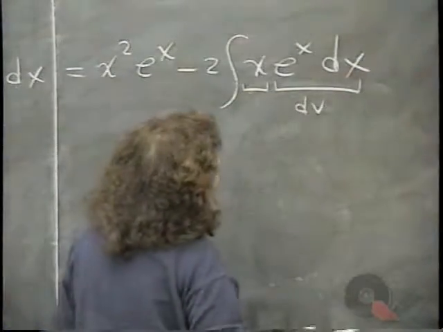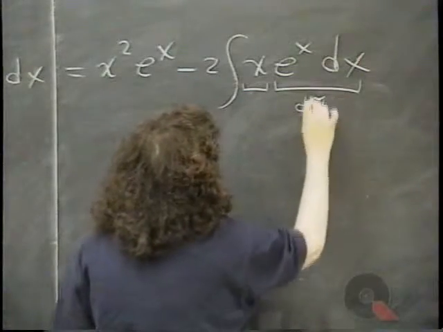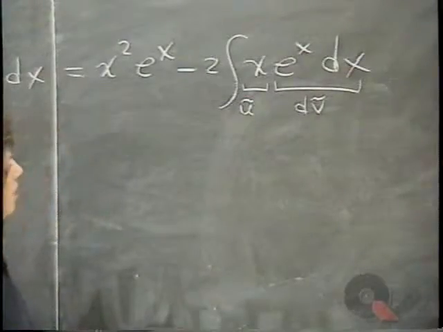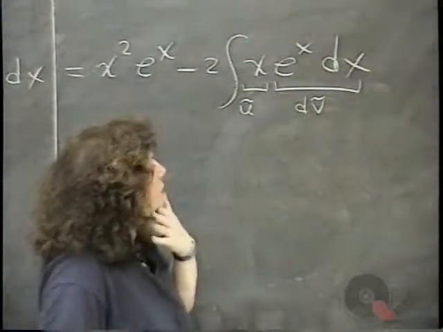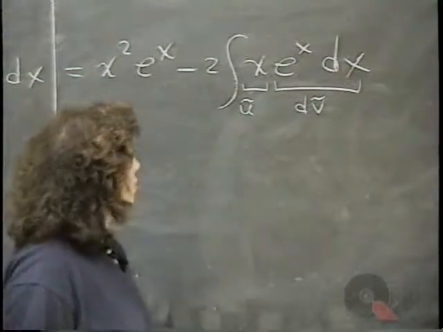We're going to have a new dv and a new u. We can indicate that like this, with a little tilde over the u and the v, a little squiggle there. The new dv is going to be the most complicated thing we can integrate. The new u is what's left over here.